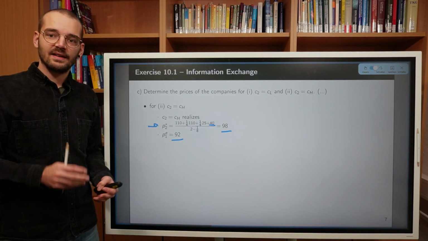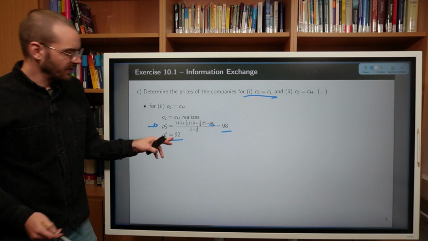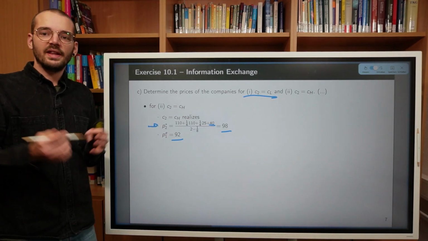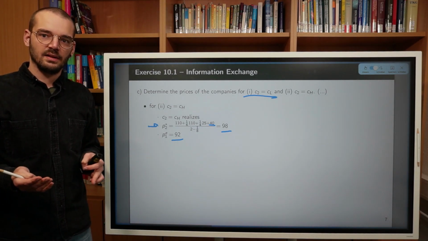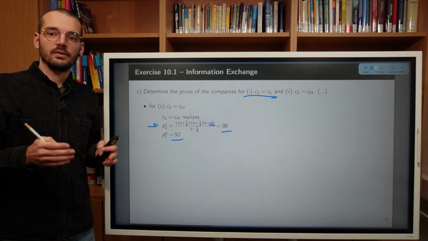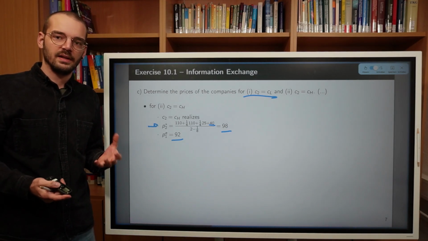Of course, exactly like on the previous slide, in the alternative version of this world, this price of 92 will never realize. It is the expected price. Firm 1's costs will never be equal to the expected costs, right?